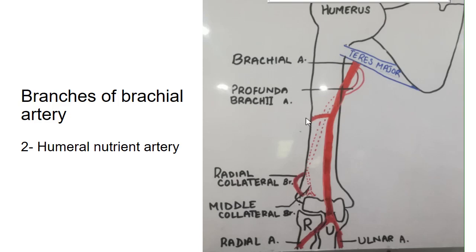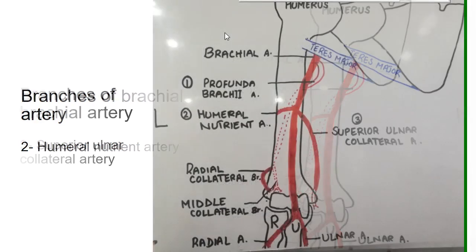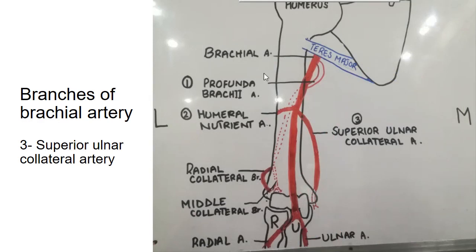This artery runs distally in the canal towards the elbow. This is the nutrient artery of the humerus.